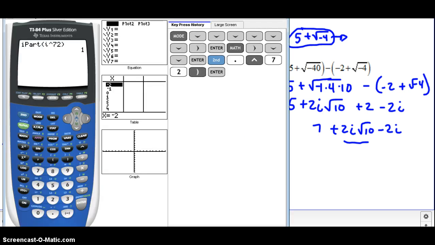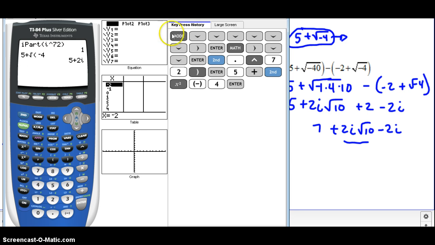And we already have our calculator set in the complex mode, so I can just start by typing in 5 plus, and then our square root of negative 4. And it's going to give you the complex mode of 5 plus 2i.